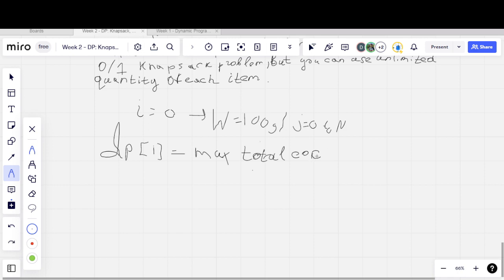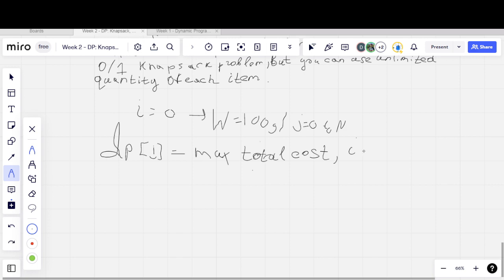Max total cost of what? What is E responsible for in this case? E will be responsible for weight.